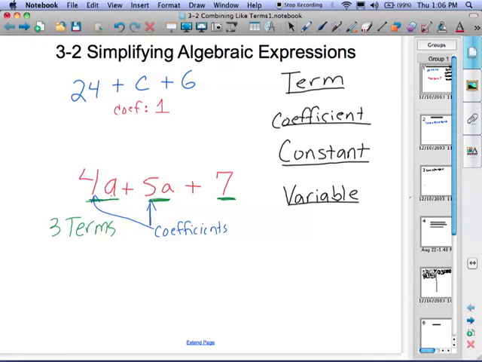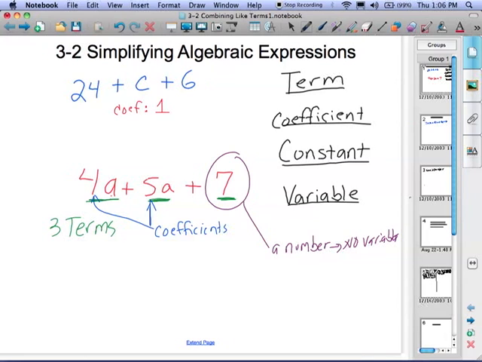A constant. A constant is simply a number that has no variables associated with it. In this expression, 4a plus 5a plus 7, 7 is a constant.